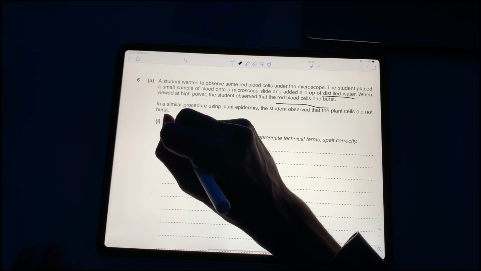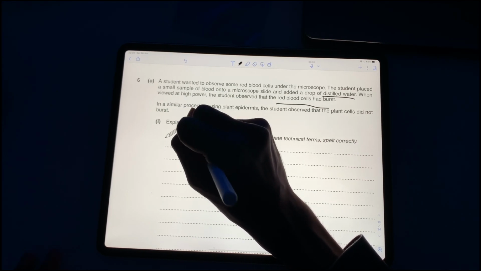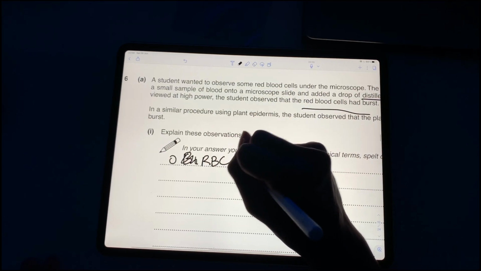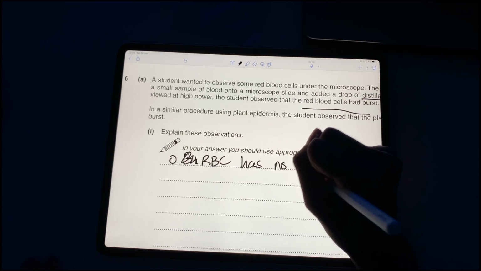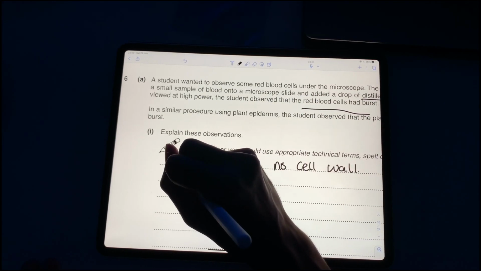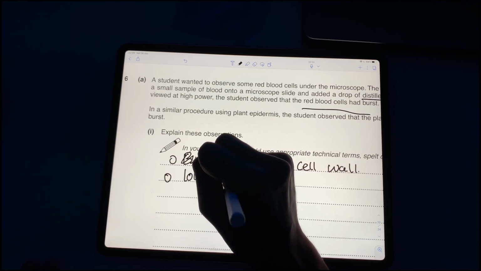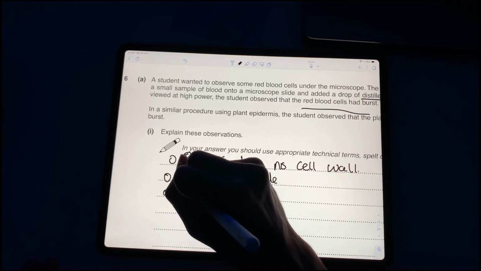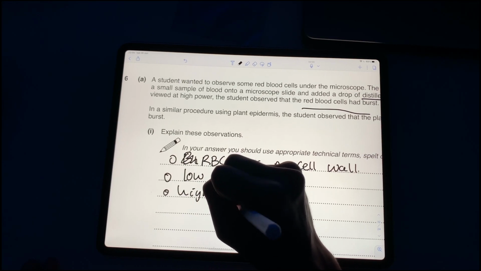So a red blood cell has no cell wall. No cell wall. And it has a low water potential inside and high water potential outside.